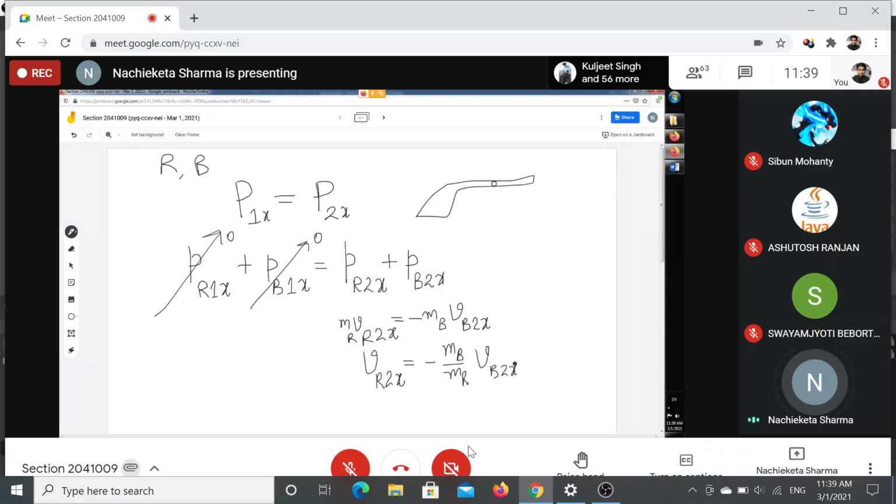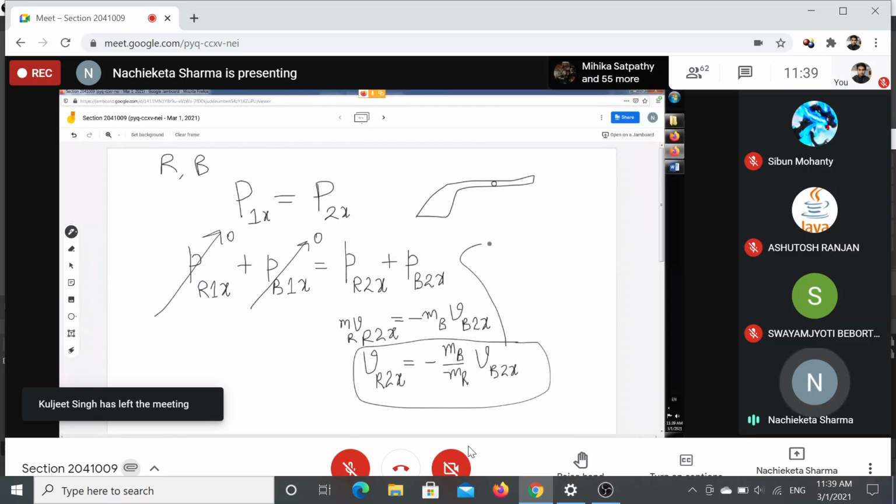Now your working formula is ready. Now you have to put only values. What are the values? Yes, tell me. You have the bullet mass, 5 gram.